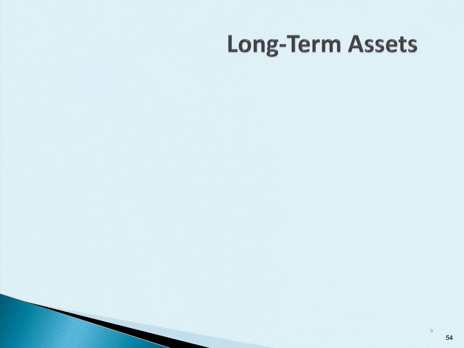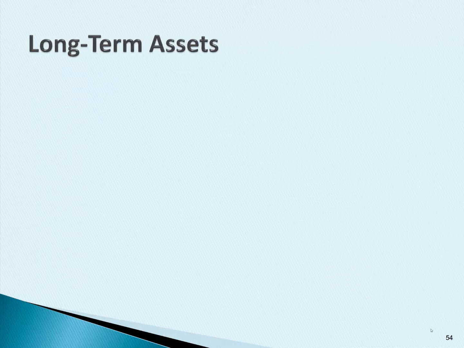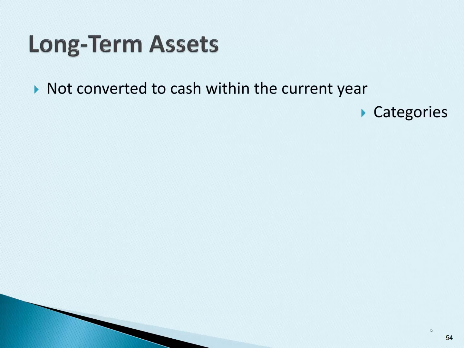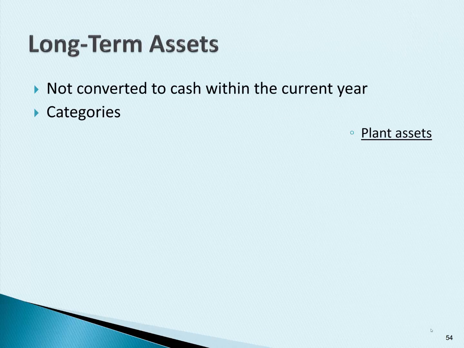All other assets would be considered long-term assets. So these are not going to be converted into cash within the current year. Now, within long-term assets, we have some categories. The first we'll talk about are plant assets. These are also called fixed assets or property, plant, and equipment, or PP&E for short.